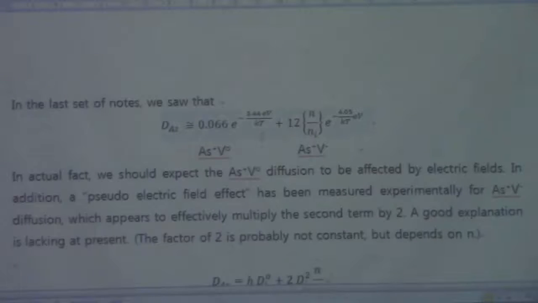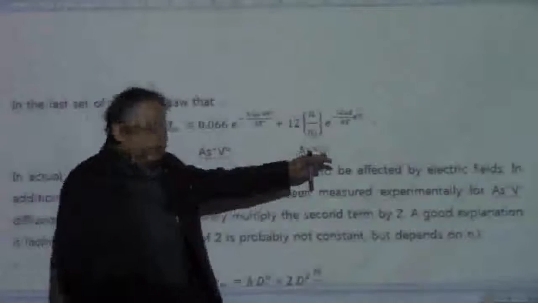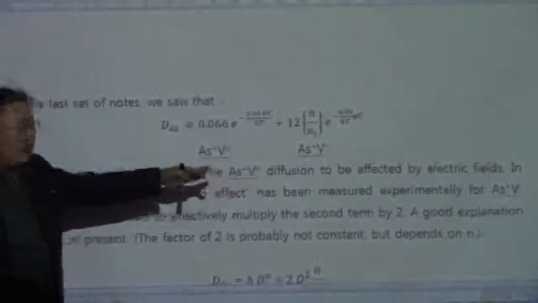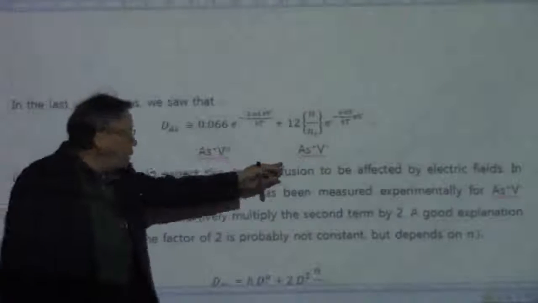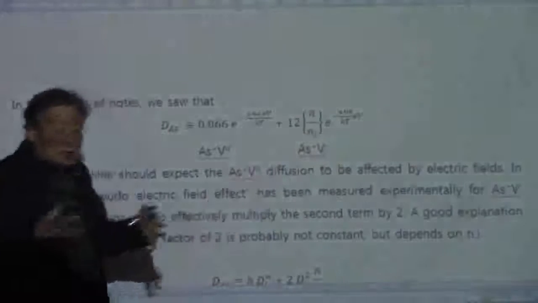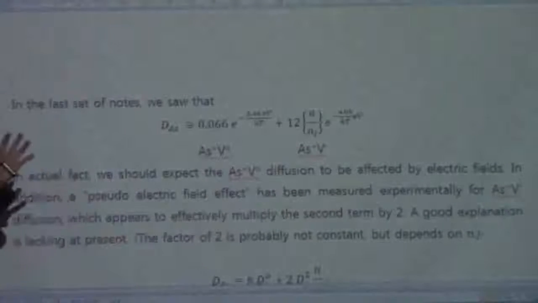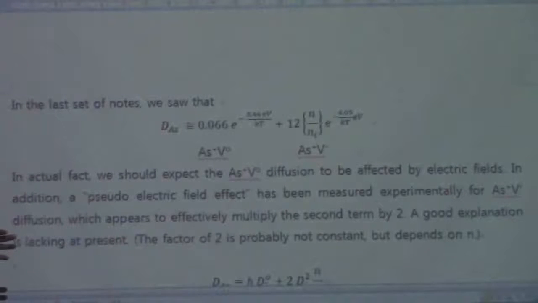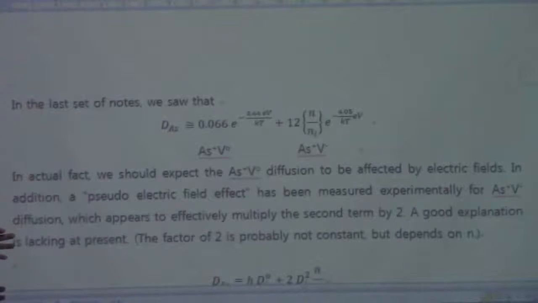In the lightly doped case, V double minus is going to be dominant, because the charged state of the vacancies depends on the location of the Fermi level, and the Fermi level location depends on the doping concentration.